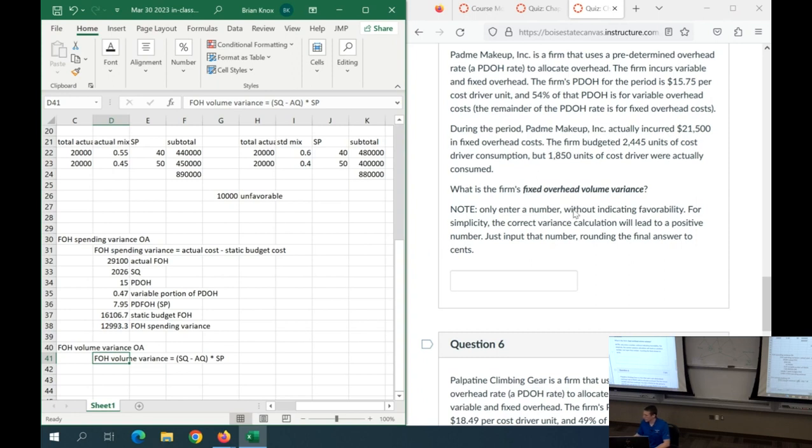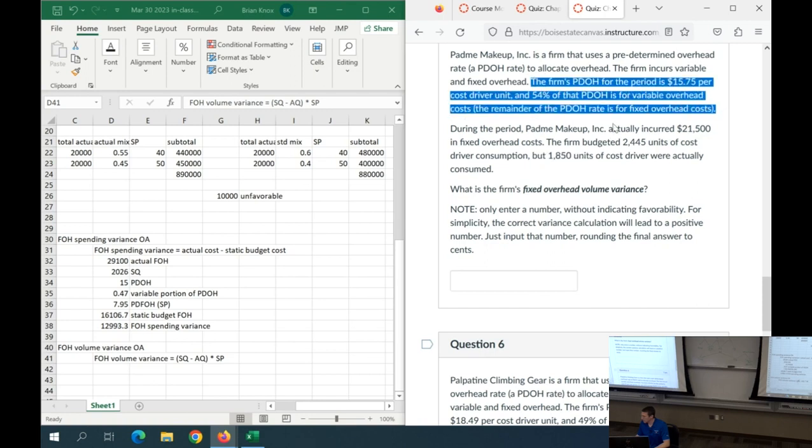So we have a standard quantity, what we budgeted, $24.45 of cost driver, and an actual quantity, $18.50. And then from this sentence right here, we can derive the PDFOH, which is our standard price. With overhead, we've changed the words, but they still are in the end a standard quantity, an actual quantity, a standard price, and an actual price.